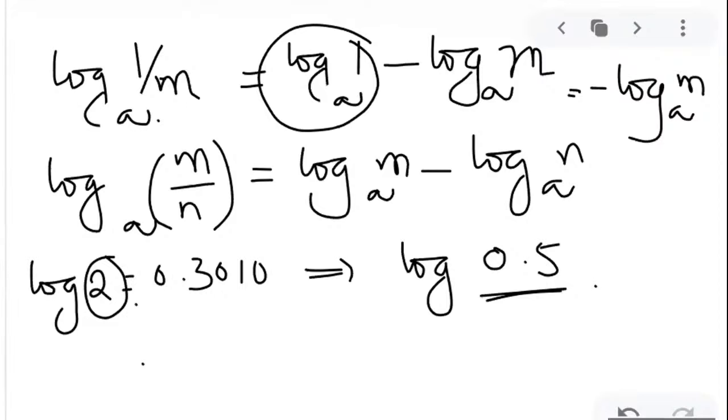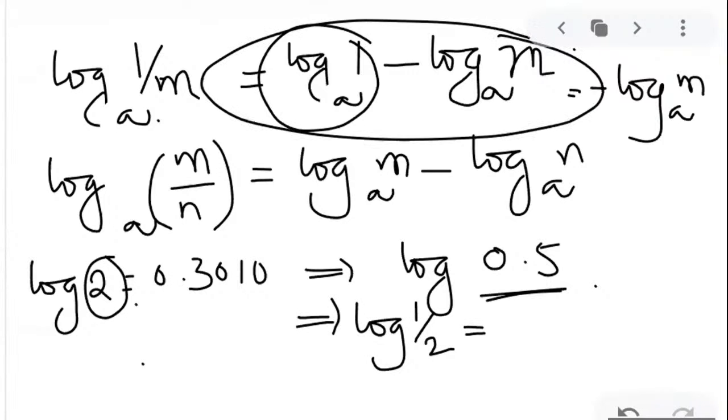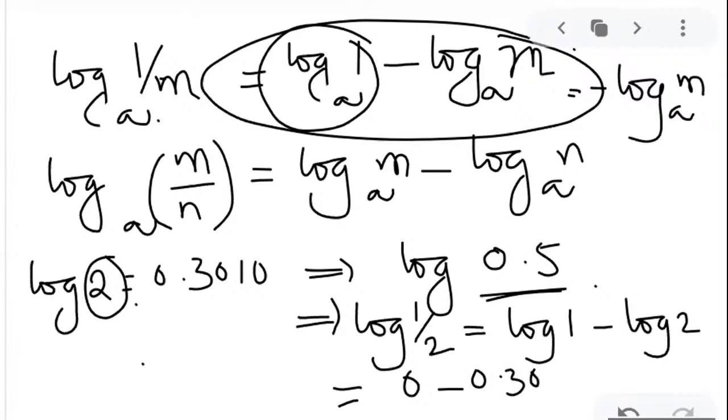What can 0.5 be written as? 1 by 2. So log 1 by 2 can be written as log 1 minus log 2. What is log 1? 0. Minus log 2 is 0.3010. Right?